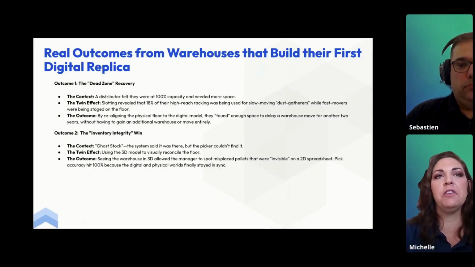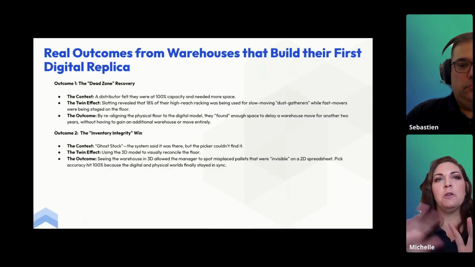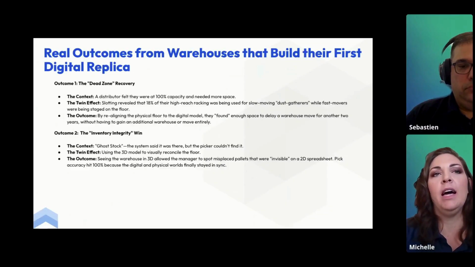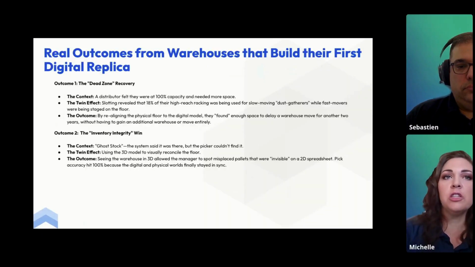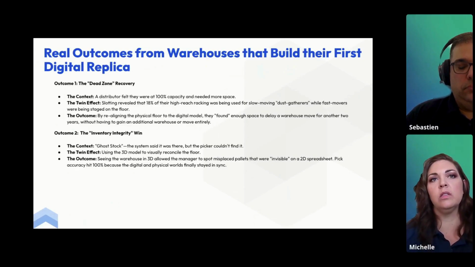So you put everything in its spot where it needs to be. Seeing the warehouse in 3D allowed the manager to spot misplaced pallets that were invisible on a 2D spreadsheet in the past, and pick accuracy hit 100% because the digital and the physical worlds finally stayed in sync.